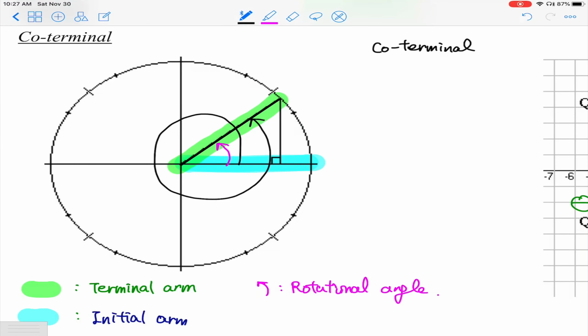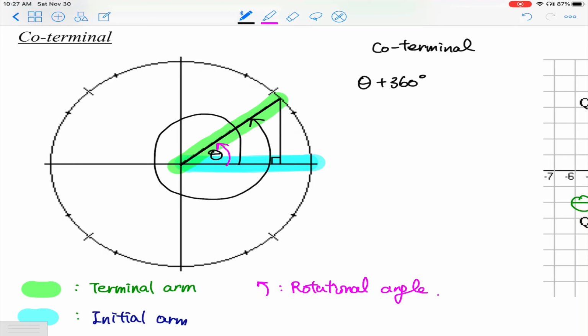The easiest way to find the coterminal is just rotate it one full revolution or 2 or 3 depending on the question. If the question says find anything between whatever angle and whatever angle, you basically follow that. So for the coterminal angle, you can simply find theta plus 1 revolution, which is 360. Again, theta is the angle of rotation.